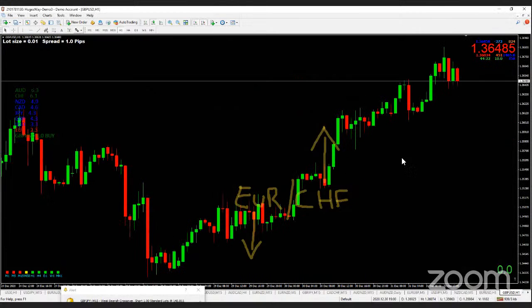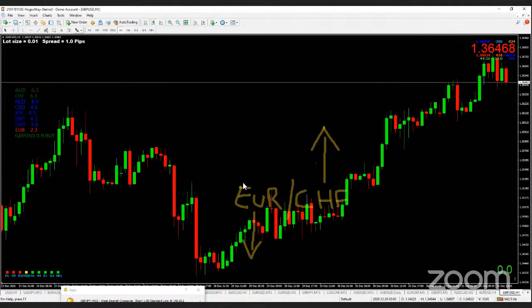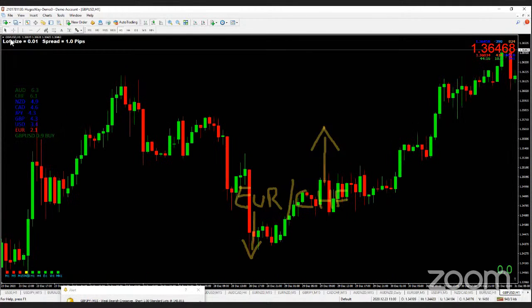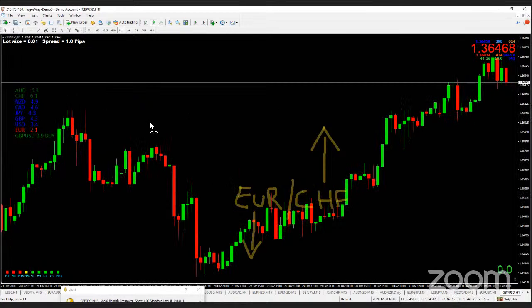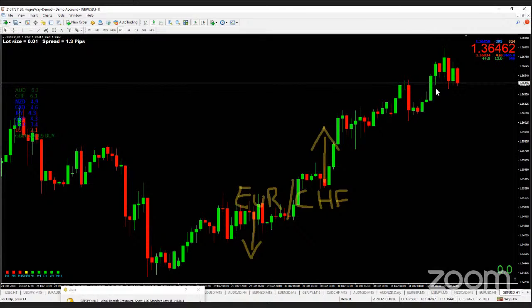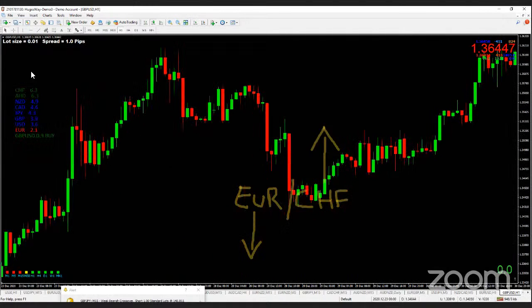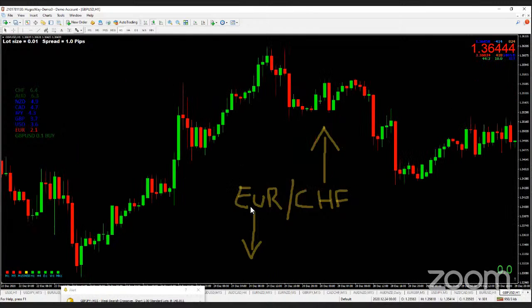So we are going to now switch over. We can see with this pair we are on, which is the pound USD, this is the 1 hour time frame. We can see that the pair is trending up, but having a look at the currency strength meter here, it tells us that the euro is weak, whilst the CHF is strong, which means that pair is going to be trending down.